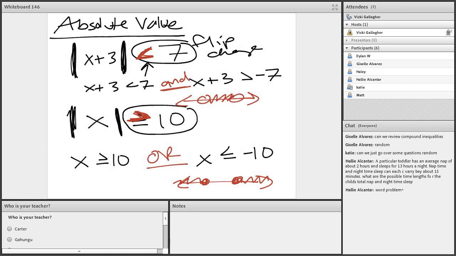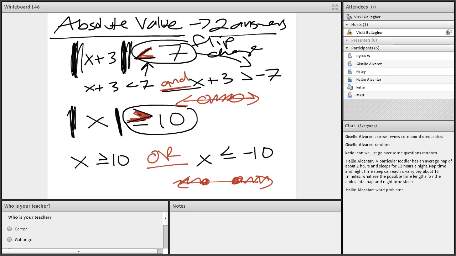Next, we have absolute values. That's the one with the bars. Absolute value problems always have two answers, no matter what. Always. To get the second answer, you flip your inequality around and you make the outside number negative. If the original inequality is a less than, you write and.